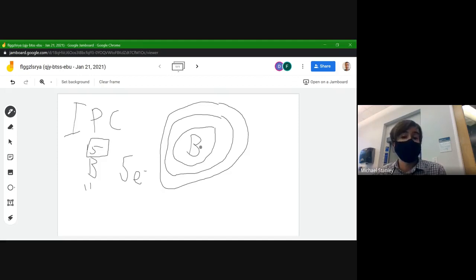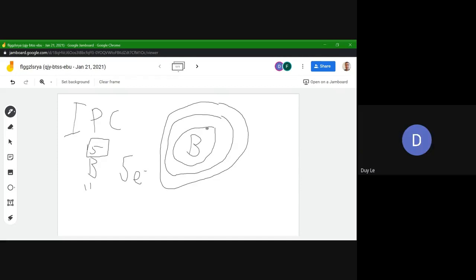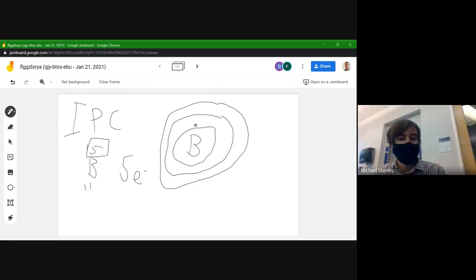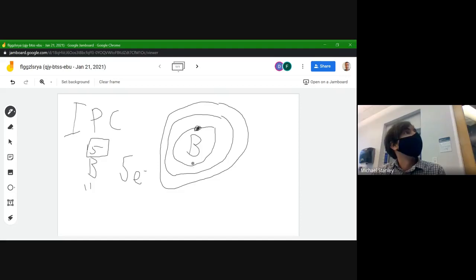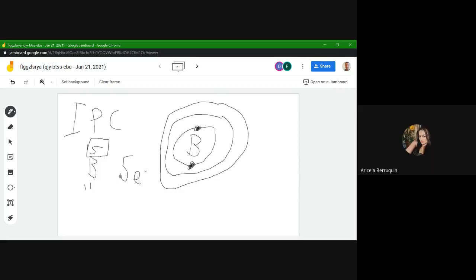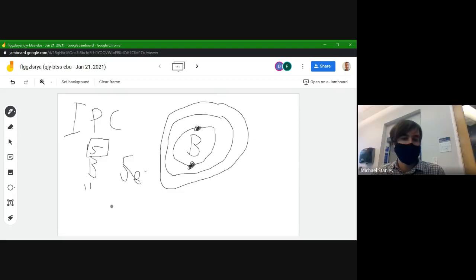So how many electrons are going to go on the first shell of boron right here? 2. So we can do 1, 2 electrons on the first shell. So now the first shell is full. Do we still have more electrons to go? Yes, 3 more. Yeah, we put down 2, so now we've got 3 more to go.